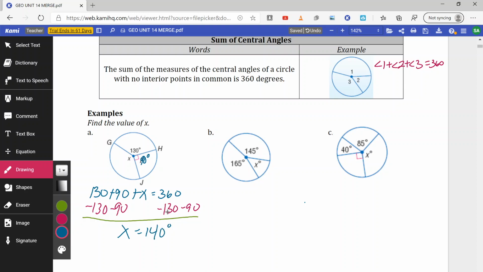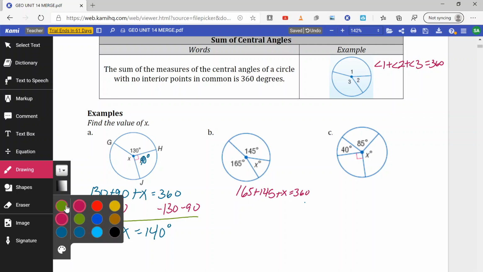We could do the same thing with circle B here. I have angles of 165, 145, and x. Again, we know it's 360 degrees. So if I add 165 and 145 and x, I'm going to get 360 degrees.